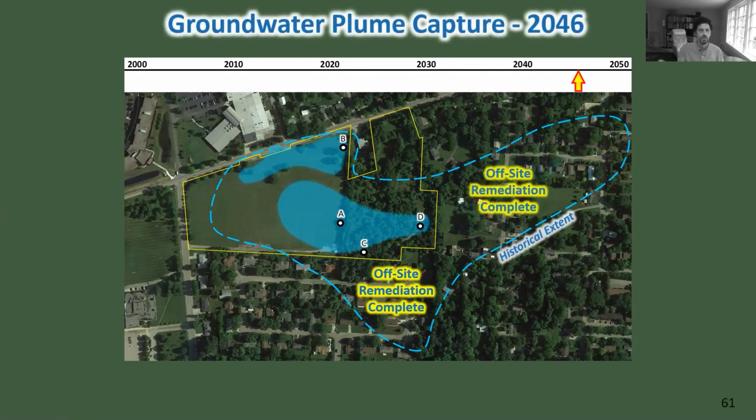Okay, so that's by way of some numerical modeling. And now we see by 2046, we'll have complete offsite remediation. In fact, some recent sampling was performed, and it looks like the offsite remediation will happen much sooner than 2046. The community is pretty happy about that.